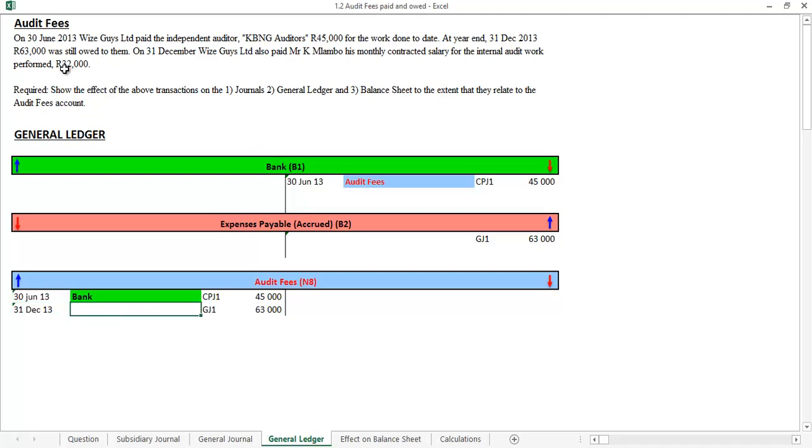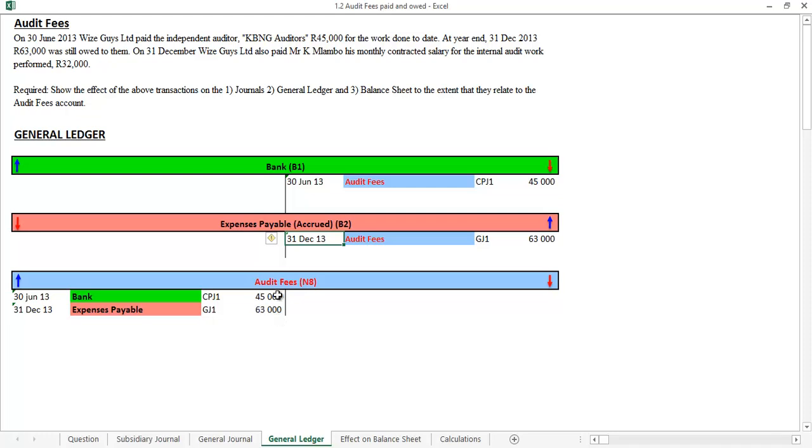All right, 31st of December. And the contra account here is not bank because we haven't paid it in cash. We owe this money, so we're going to have the contra account expenses payable, and under expenses payable the contra account is audit fees, and that is an expense. Right, 31st of December is my date, and that is my ledger complete.